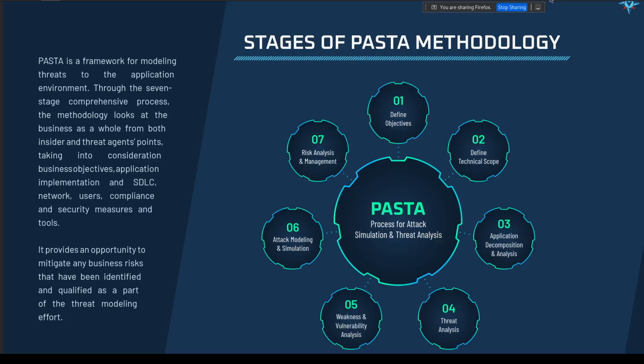And then the fourth is threat analysis. This is the main phase where we identify threats that belong to the application or system which is in scope. And then the fifth phase is weakness and vulnerability analysis, where we map vulnerabilities in accordance with the threats that we identified. And then the sixth is attack modeling and simulation. Here we try to identify the attacks that correspond to the vulnerabilities in step 5, and then use that as a feedback loop for performing an attack simulation.